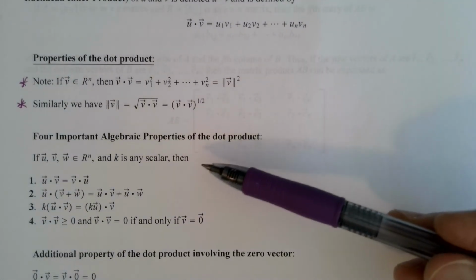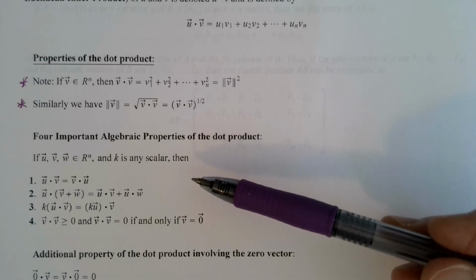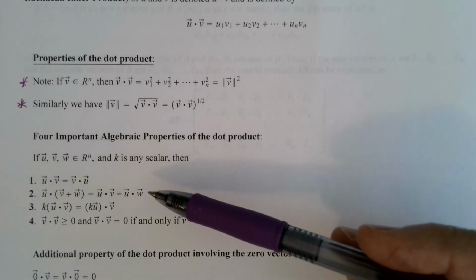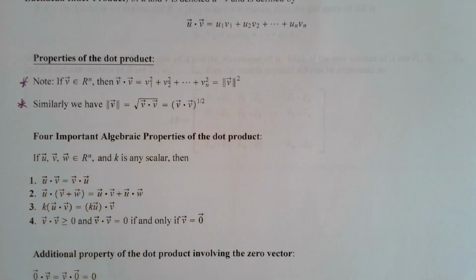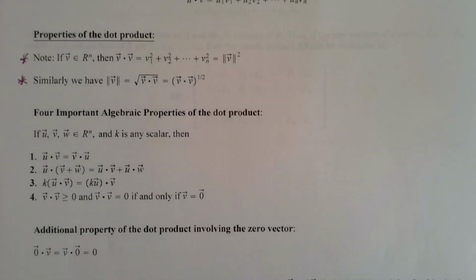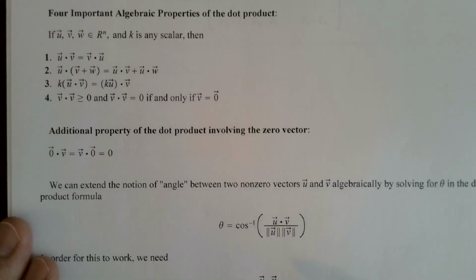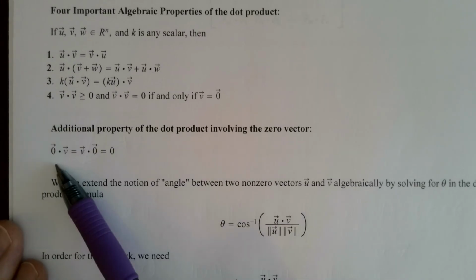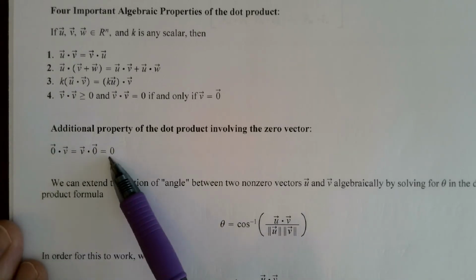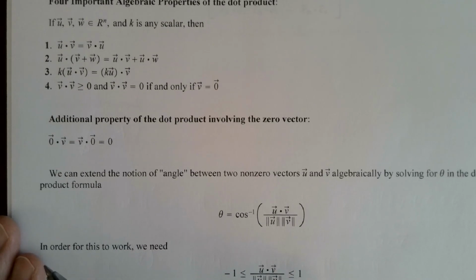And inner products have to follow 4 algebraic properties, basically, and these are the 4 properties they have to satisfy. And we'll talk about those later. Some obvious additional properties of the dot product. If I dot any vector with the 0 vector, I'm going to get 0 for that dot product.